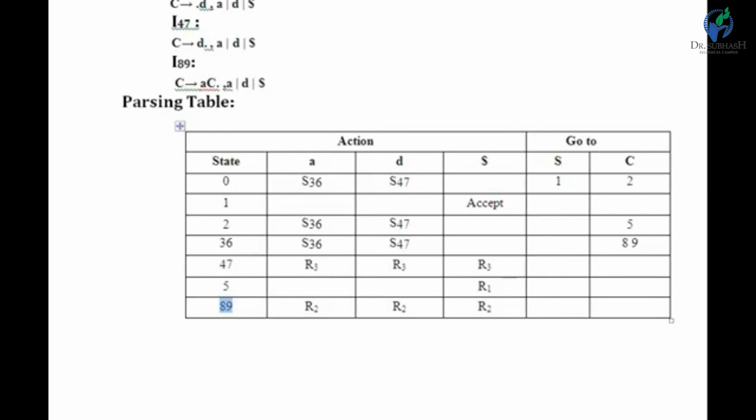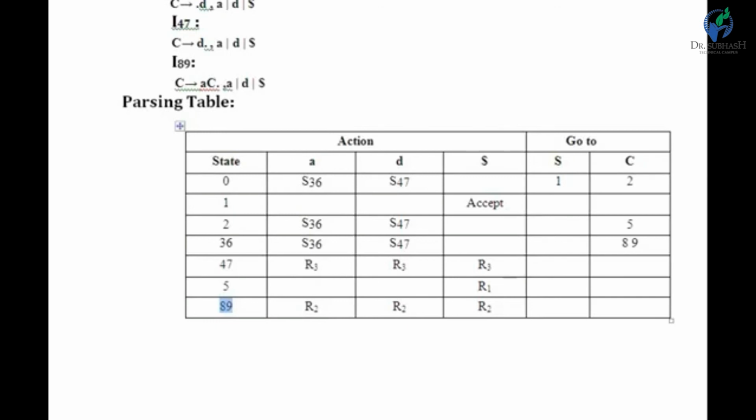Explain the CLR parsing table with the help of the following example: S dash gives S, S gives CC, C gives small c capital C or D.